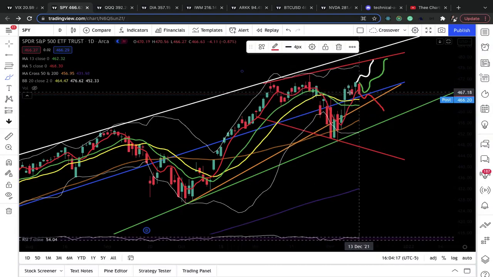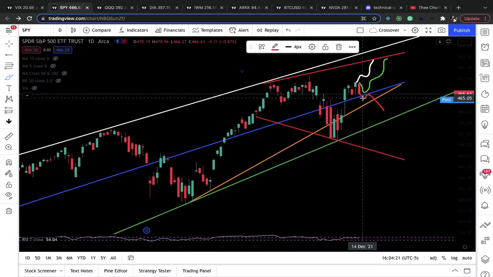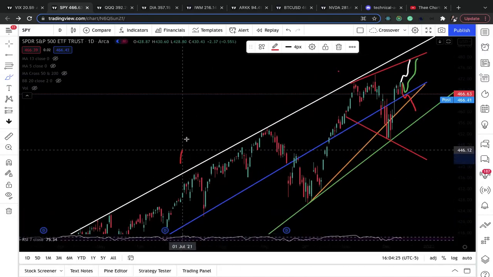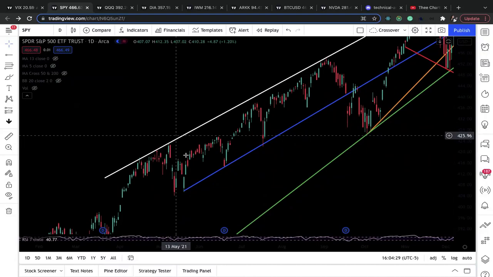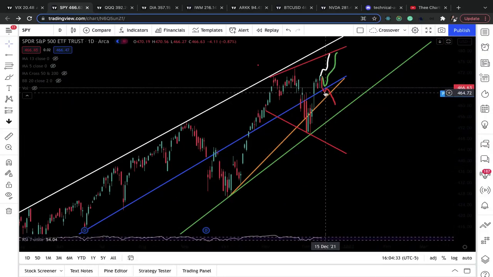So if we lose this blue support line that has acted as an equilibrium level since May 19 of earlier this year, I will switch my sentiment over to short-term bearish. Matter of fact, I don't think I'll be short-term bearish. I'll probably be medium-term, okay?